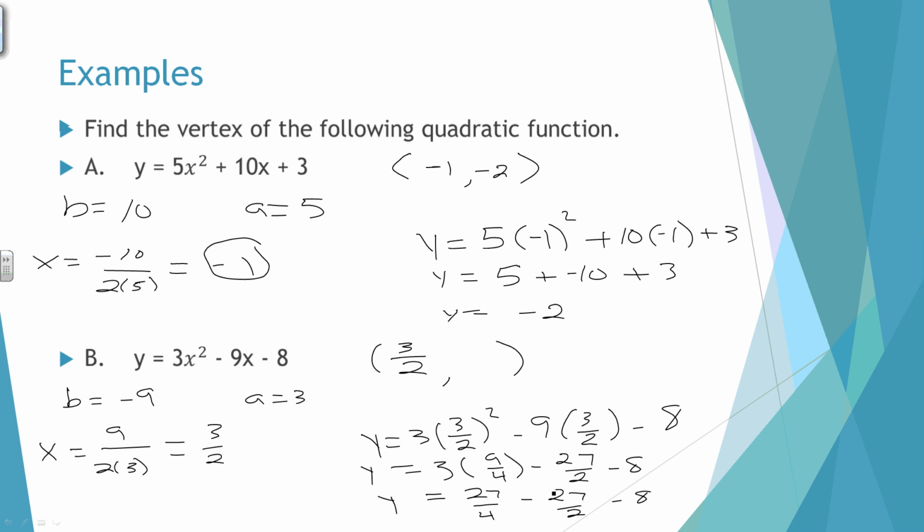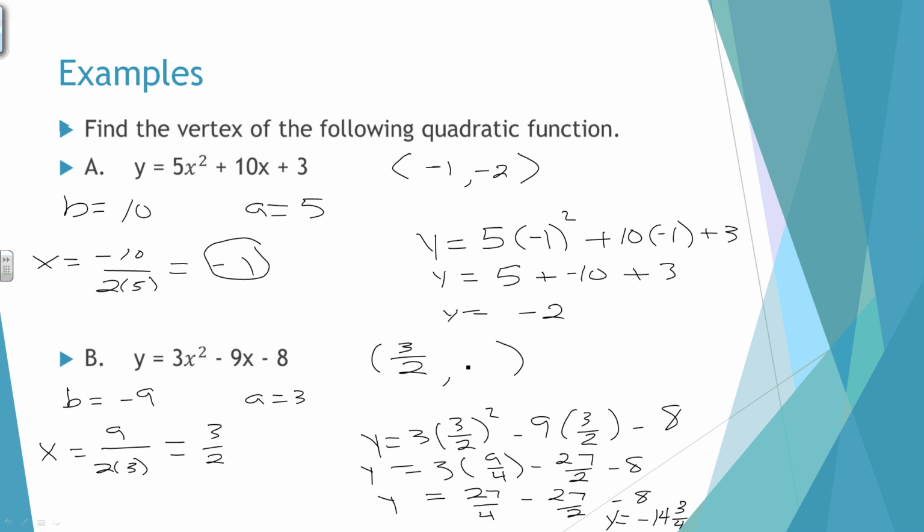Taking care of fractions real quick here, we're going to go ahead and use our calculator, since that'll make the fractions a little bit easier. And so our final answer here, y is going to equal negative 14 and 3/4.